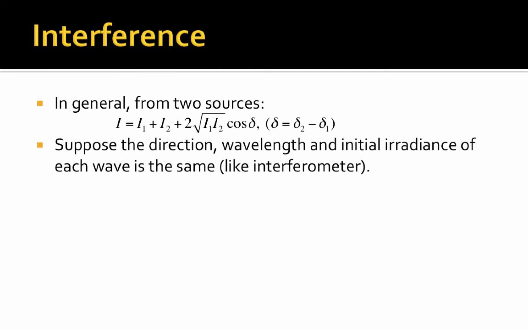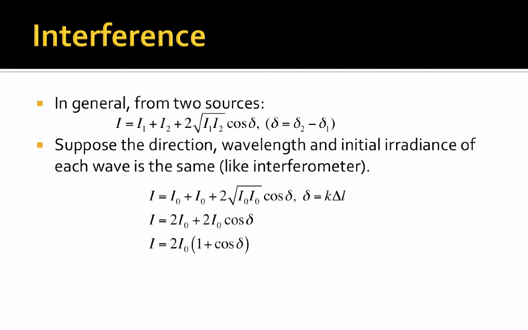So in general, our two sources would give this expression that we saw before, I equals I1 plus I2 plus 2 times an interference term, cosine delta. But if our direction, as in polarization, and wavelength, and initial power, initial irradiance of each wave is the same, then we get something a bit simpler.